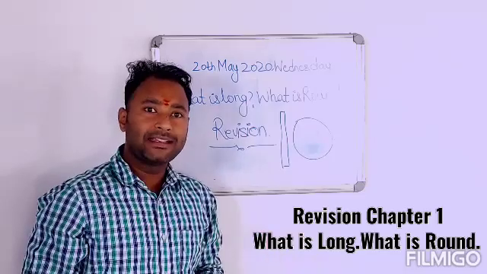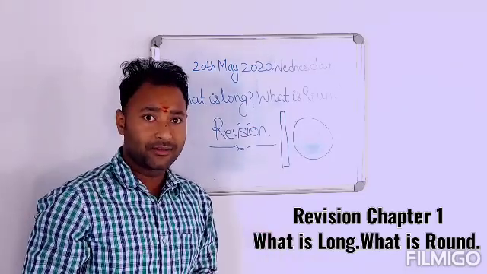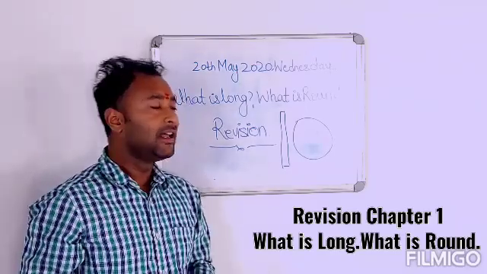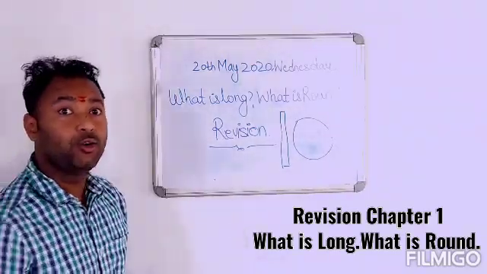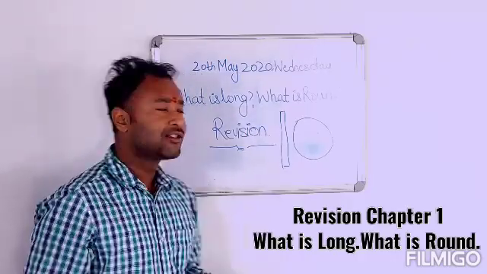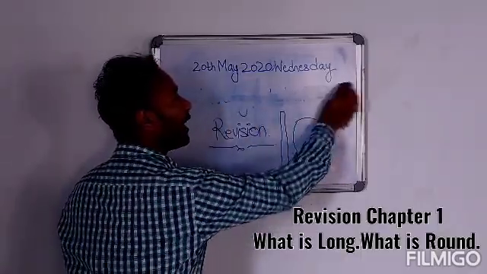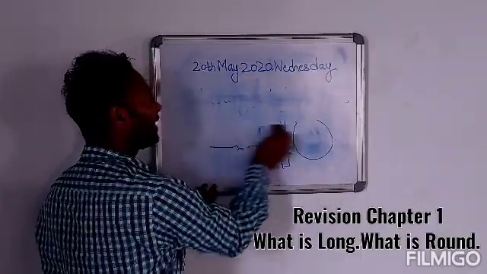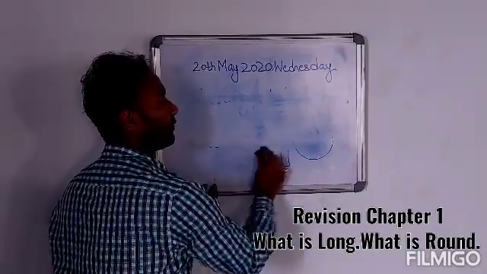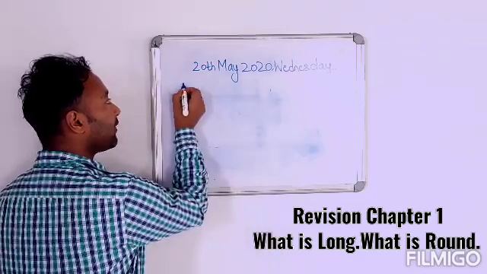To know better about the objects which have a flat surface and which have a curved surface, they are divided into two types, that is plane surfaces and solid surfaces. As I have already told you about plane surfaces and curved solid surfaces. So students, can you please tell me what are plane surfaces?